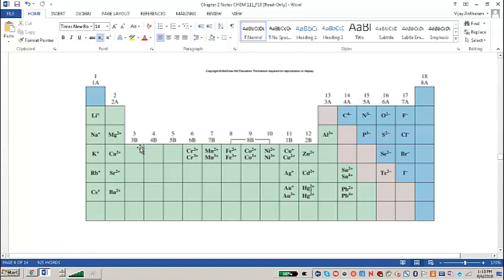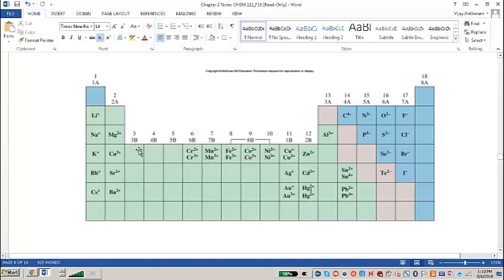Want to bring your attention to this rectangular box here. So through 3B to 1B, actually I misspoke, 3B to 2B, cadmium and mercury, these are the transition metals. Right? These are the transition metals, that little rectangular box, because mercury's plus 2, cadmium and zinc are plus 2.